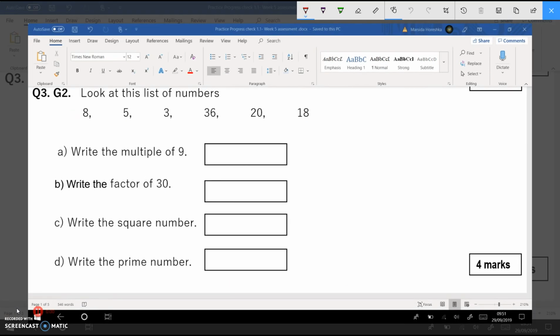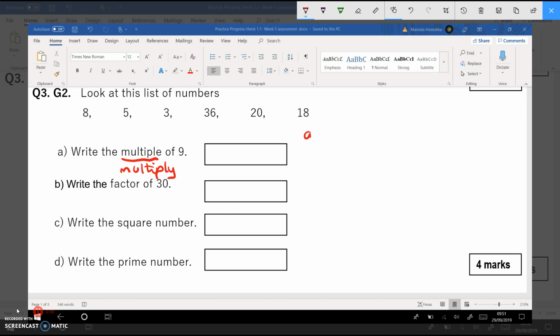Question number 3. Look at this list of numbers: 8, 5, 3, 36, 20, 18. Write the multiple of 9. So multiples, there is a key word there, multiply, that helps you work out multiples.